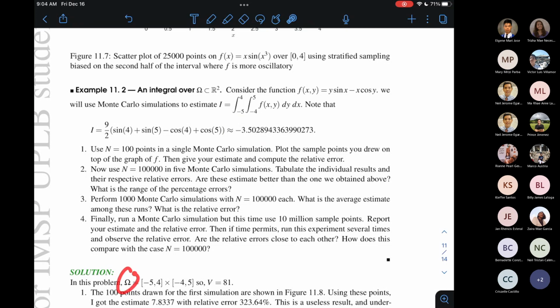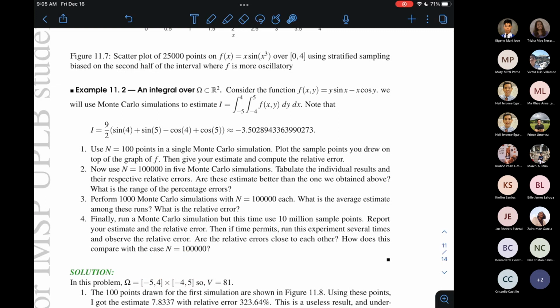Now, omega is the rectangle negative 5 to 4 cross negative 4 to 5. So, ang V, which is the volume of omega, or if you want to be localized here, the area of omega, is 81 units, right? Kasi yung x components niya, negative 5 to 4, so that's 9 units. This is also 9 units.